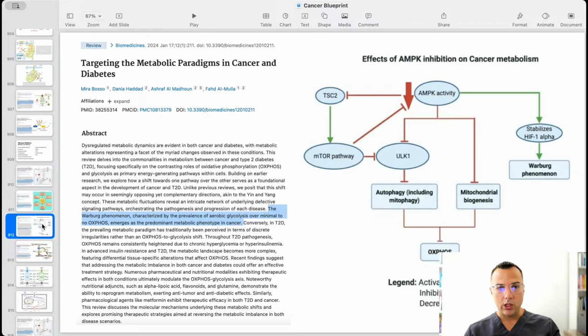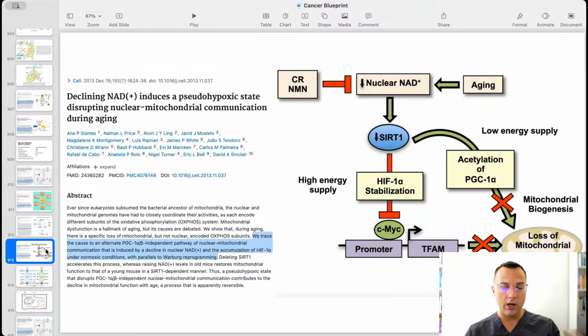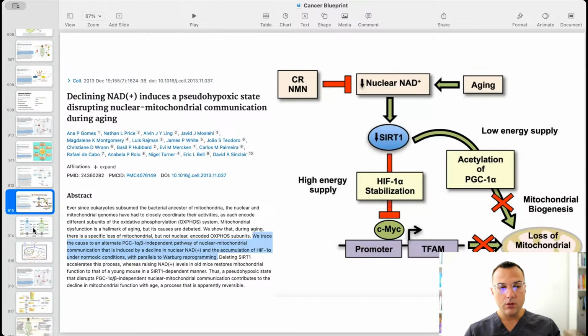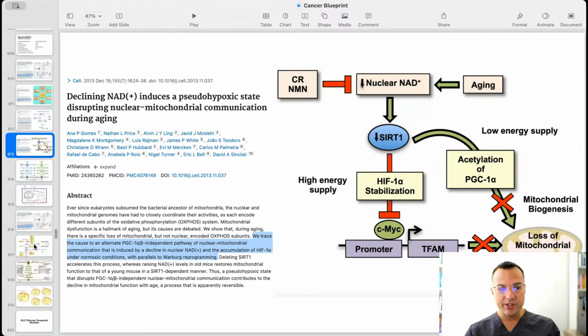And then we're going to look at AMPK and how, when AMPK is downregulated or inactivated, it has effects on stabilizing hypoxia factor, which leads to the Warburg effect, or, as I had also mentioned, sirtuin-1 having a crossroads where, when it's downregulated, it will also stabilize hypoxia factor, which will lead to the Warburg metabolism. And what we'll end up doing is we'll try to piecemeal this together.